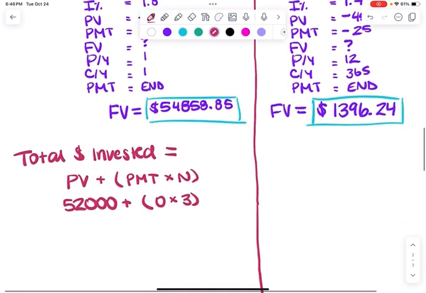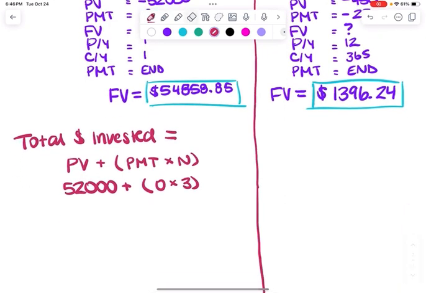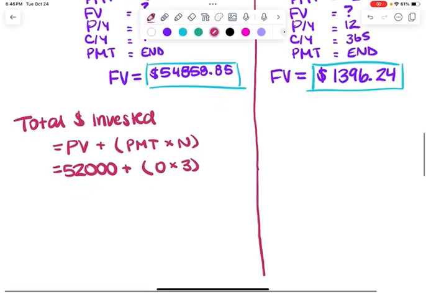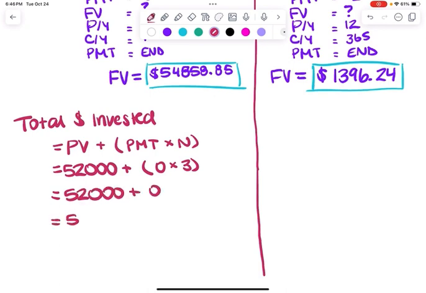Because I have no payments going on, it's not going to affect my final answer, and it just happens to be the same as that $52,000. Now, I'm not expecting you to show me this calculation, but I'm just showing you that it'll always work even if I don't have an available PMT.